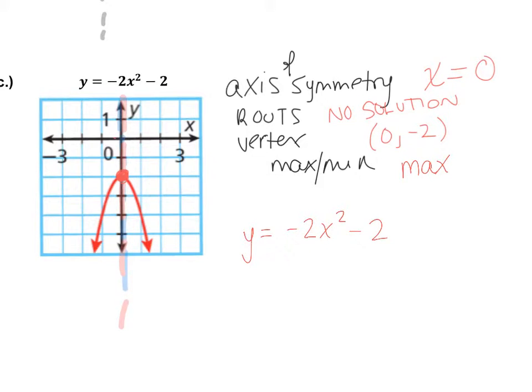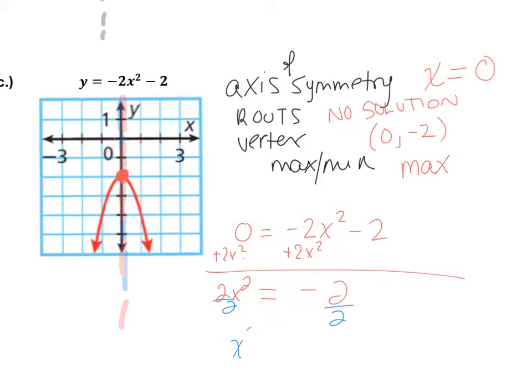Okay, I want to show you how if I solved this equation the way that we did it with the last unit, where you set it equal to 0 and you solve, I want you to see how it's going to be no solution. When I add 2x squared to both sides, I get 2x squared is equal to negative 2. I then divide by 2, and I get x squared is equal to negative 1. I go to take the square root, and oh no, no solution.